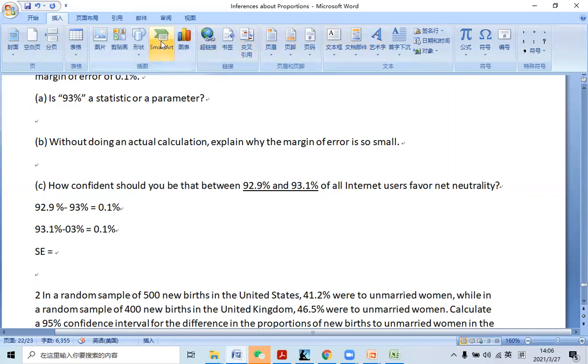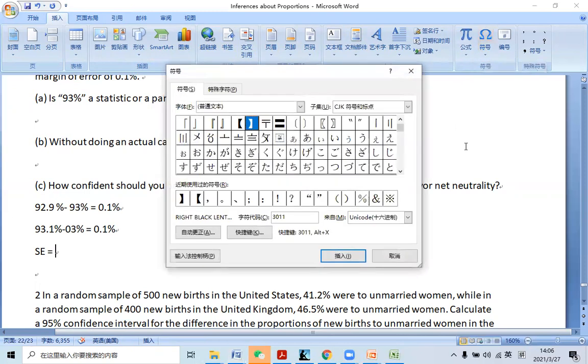You need a square root sum, square root. How can I get a square root? Let's get a mathematics tool. Okay.